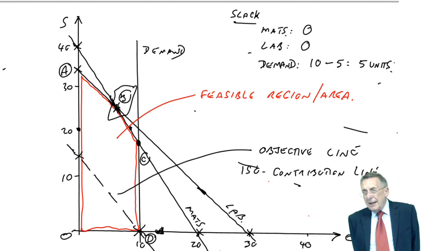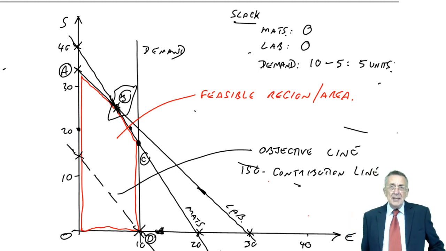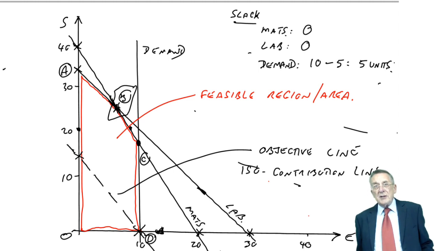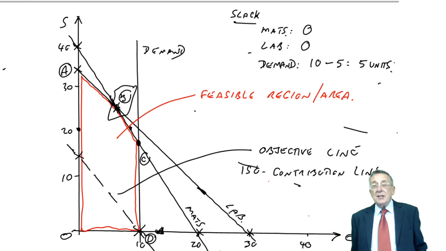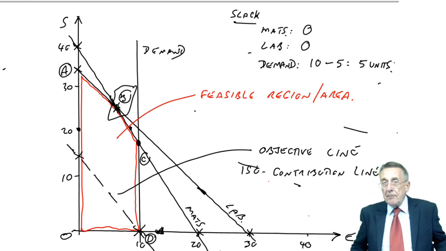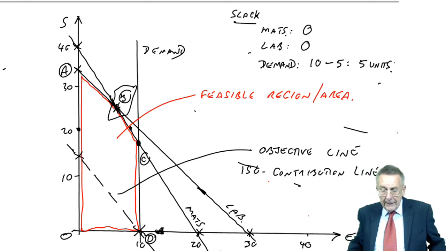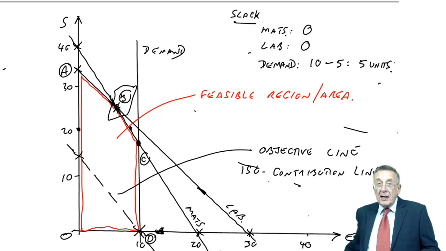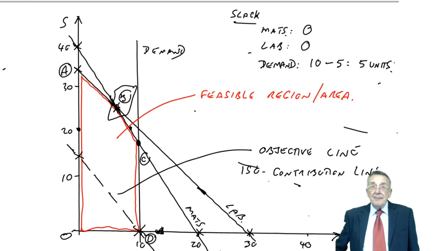However, surely in the real world, no resource is completely limited. You know, it says here we've only got 80 kilos of material available, but surely there are always ways of getting more. The only problem is, to get more, you'd probably have to pay a higher price. There are very few materials where you can't get more if you're prepared to pay for it. At normal prices, we can only get 80 kilos.